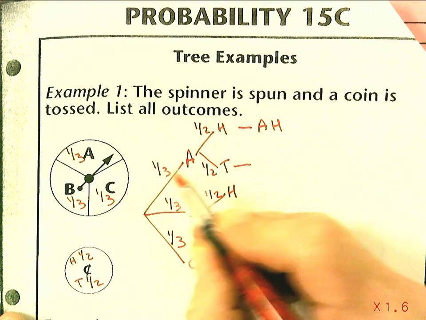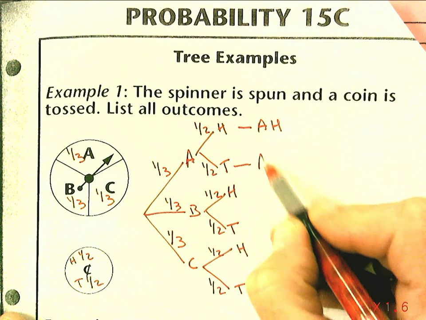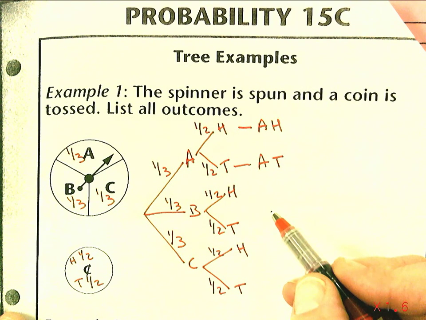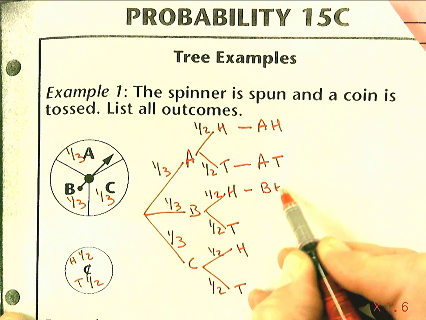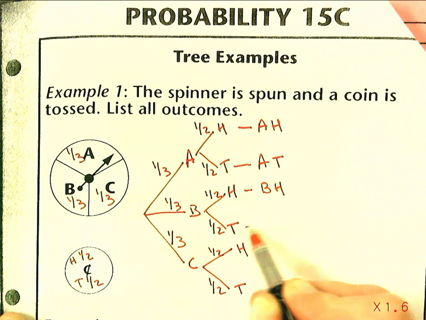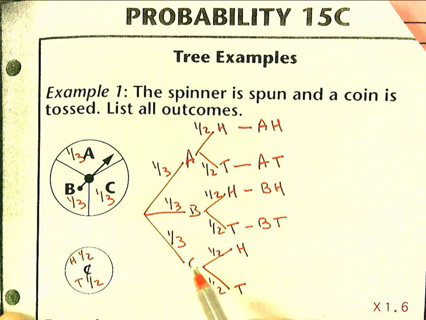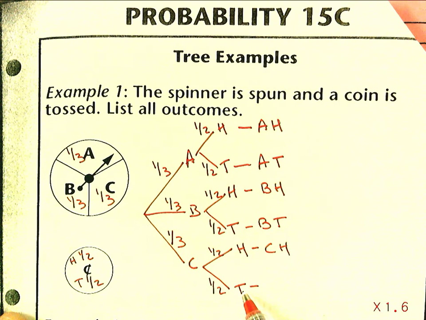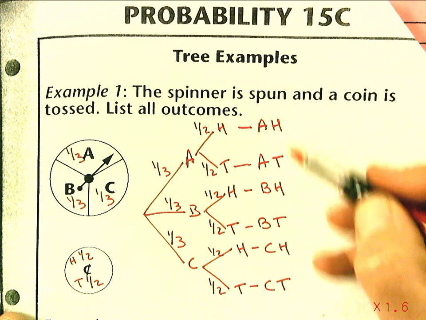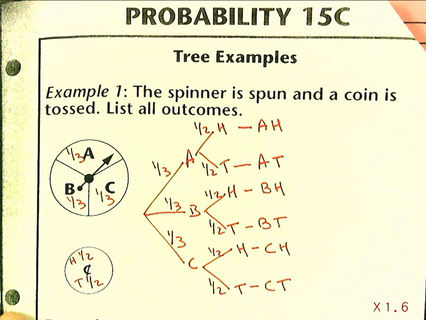I could have gotten an A and the tails, a B and the heads, B and tails, C and heads, or a C and tails. And now there's 6 different outcomes that could have taken place.